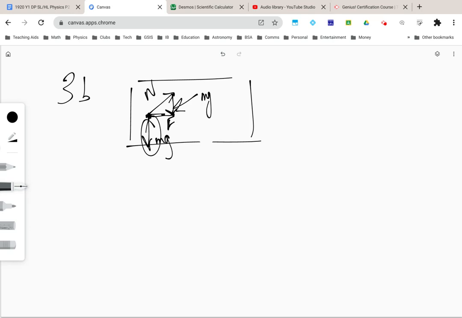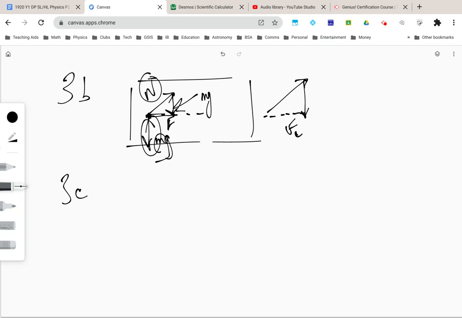So this arrow needs to be about the same length as from the tip of the normal force down to this dotted horizontal line that they gave you. And that's what we mean by the correct length. So that when you add the vectors mg and N, you get F, okay? So the normal force plus the weight mg is going to give you the resultant force F, which is a centripetal force.